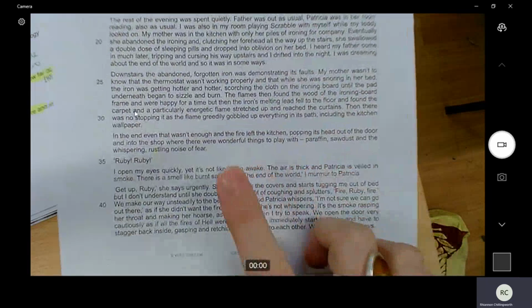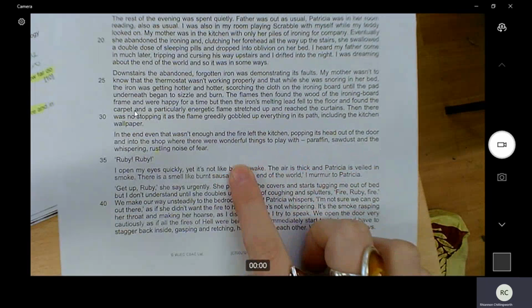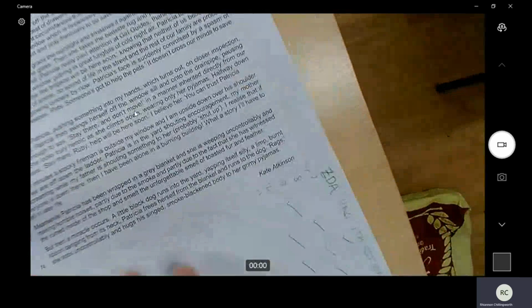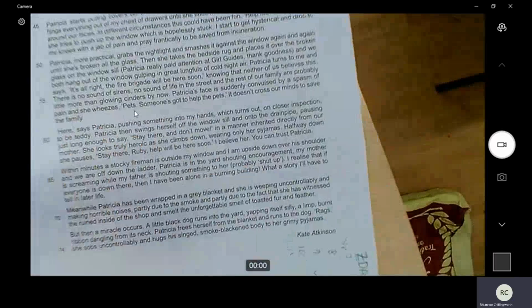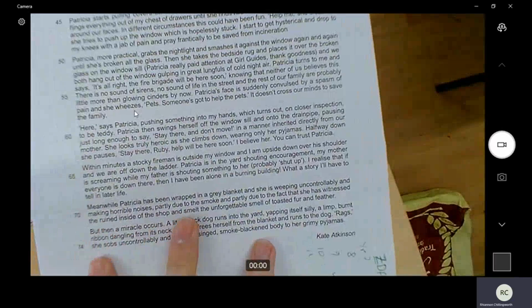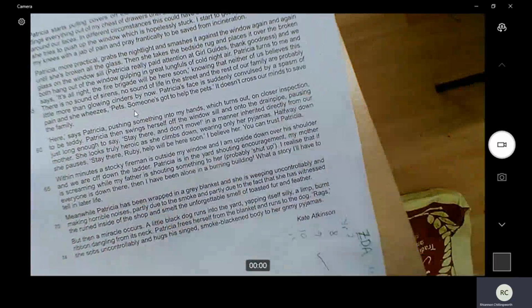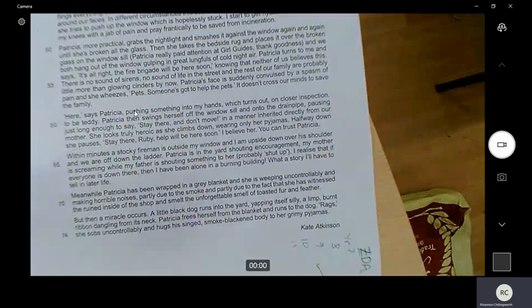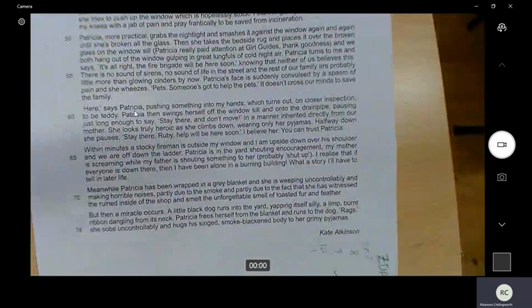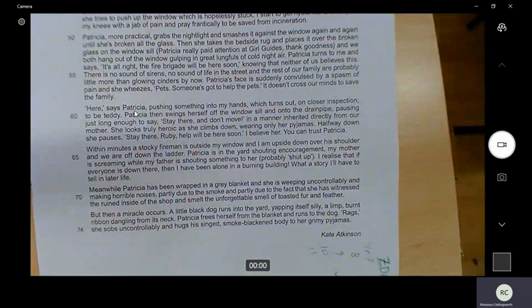But the minute the fire starts, I would argue that she is a hero. So in an overview, I would write that I actually disagree with this statement because I believe that Patricia becomes a heroine immediately when the fire starts, not just in the last 20 or so lines. So you're agreeing with the idea that she is a heroine, but actually it's not just in the last 20 lines.